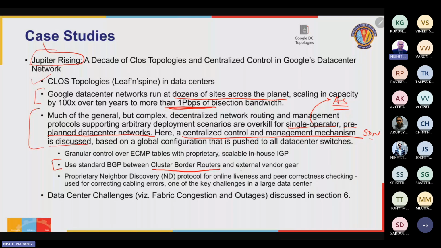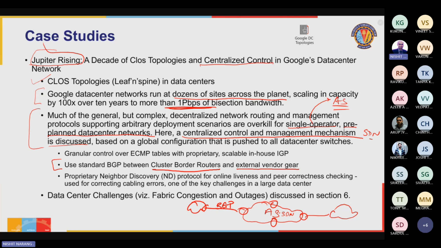So if you think of the Google data center network as one autonomous system, internally within the autonomous system, they're using SDN, a centralized control. That's why the title centralized control is there. But when you have to talk to the rest of the internet, these border routers, like edge pods, support BGP with the external vendor gear. So this is how they talk using BGP to the external world, to the rest of the internet.